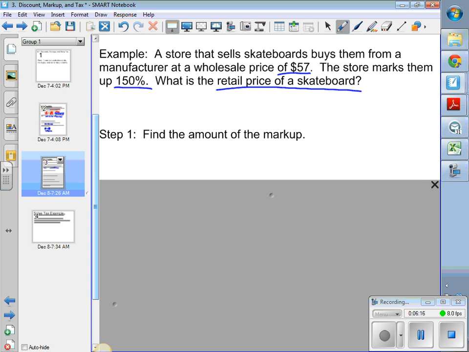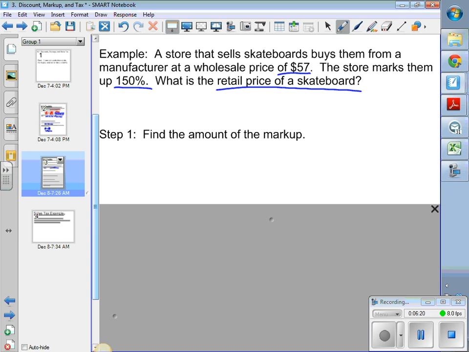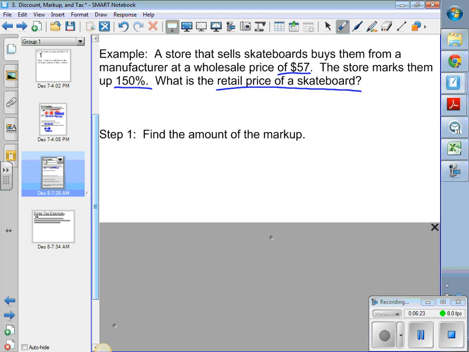So we will start with 100%. We've got the original price of 57, and it's 150% that gets added to the price.